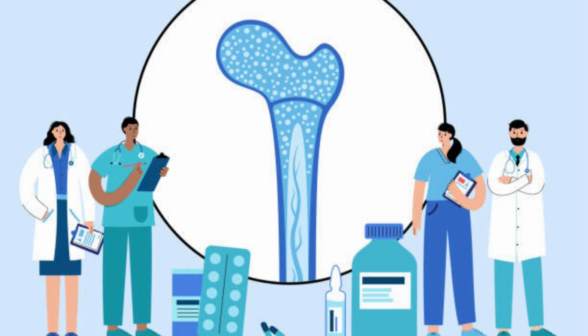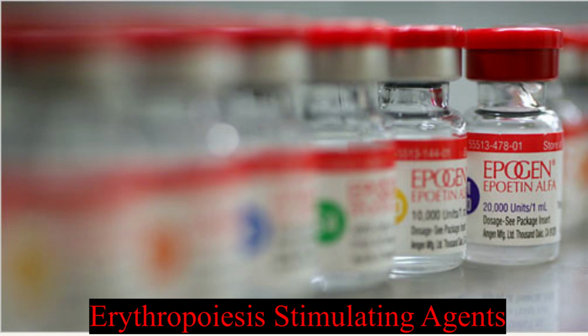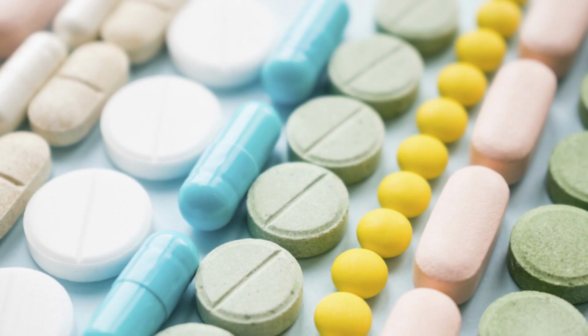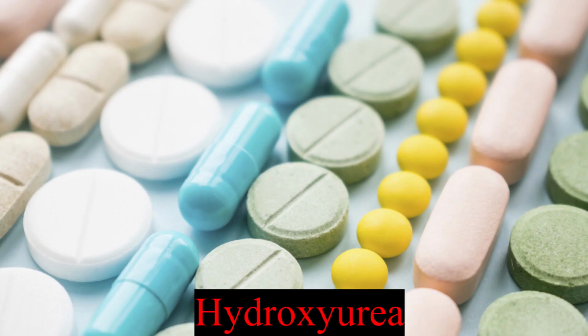According to the risk category, the therapy can be given. For the low and intermediate 1 risk, if the patient is asymptomatic, observation is to be done. If there is anemia, then erythropoiesis-stimulating agents can be given. If there is symptomatic splenomegaly, we can give hydroxyurea.